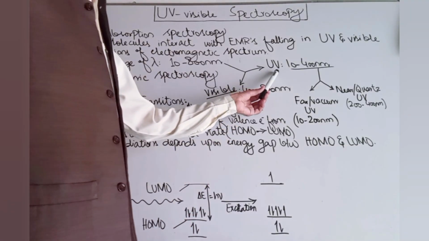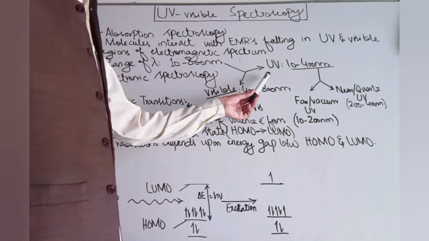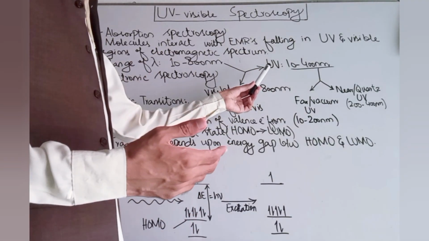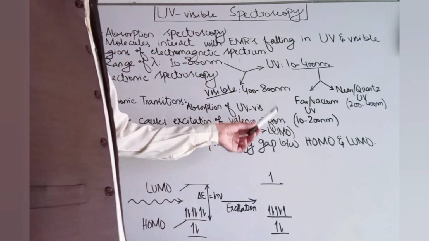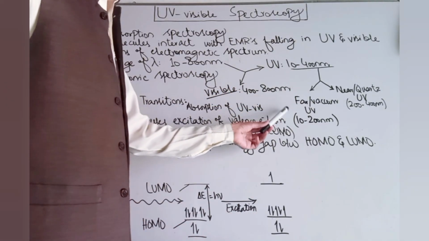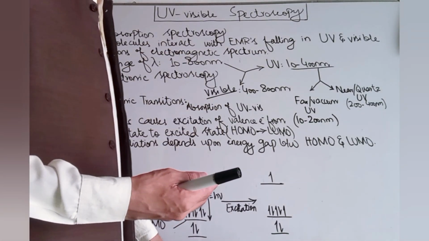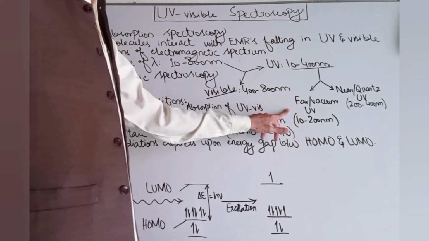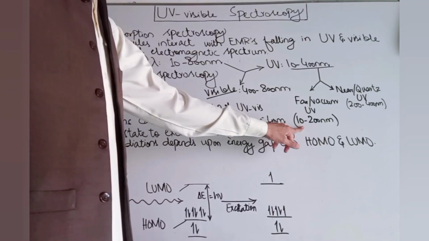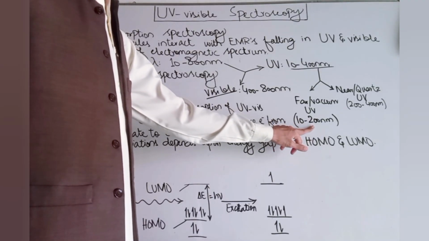And the UV region, or the ultraviolet region of the electromagnetic spectrum, can be further divided into 2 sub-regions: the far or vacuum UV region, and the near or quartz UV region. So the far or vacuum UV region ranges from 10 to 200 nanometers.